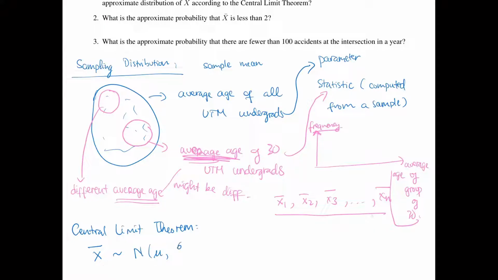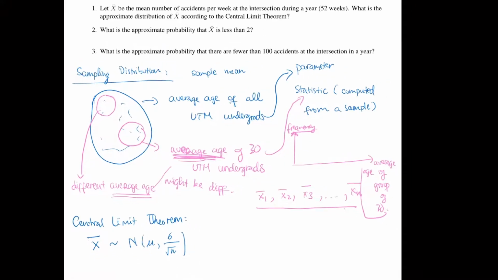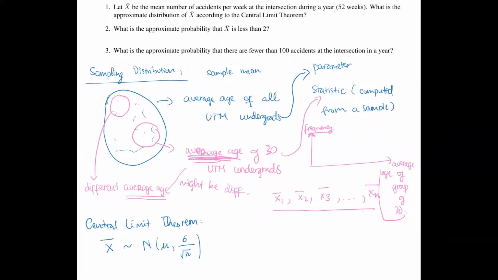The standard deviation is the population standard deviation divided by the square root of n. This is also mentioned in your lecture. If you don't remember, you should check it back because this is very important.